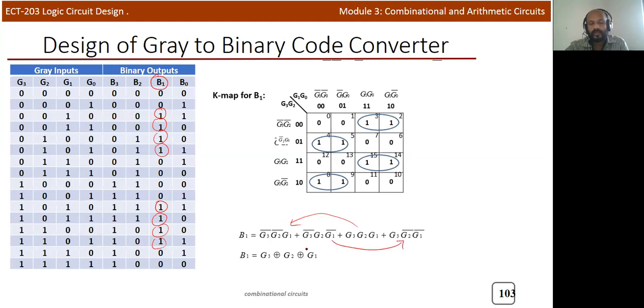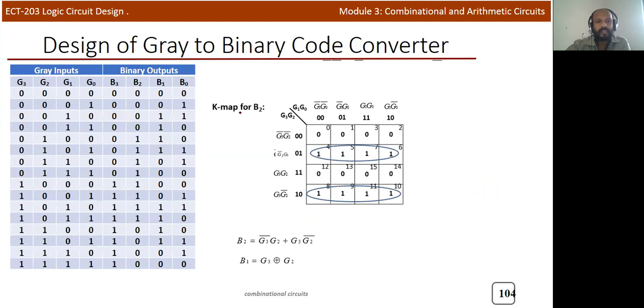Okay. So you get some common terms, and after rearranging you will get G3 plus G3 XOR G2 XOR G1. XOR operation means X bar Y plus X Y bar. So this will be the XOR operation. Okay. In a similar way you can write.